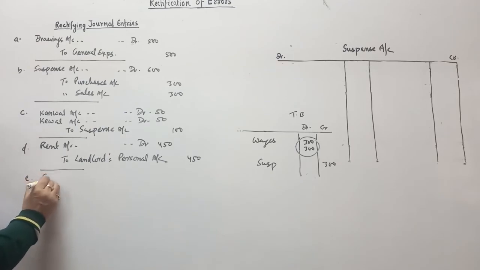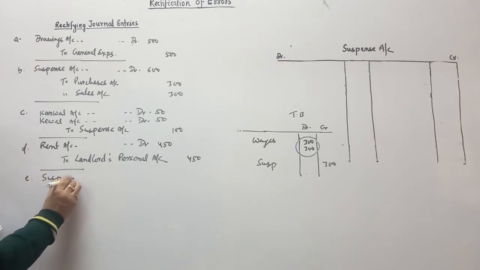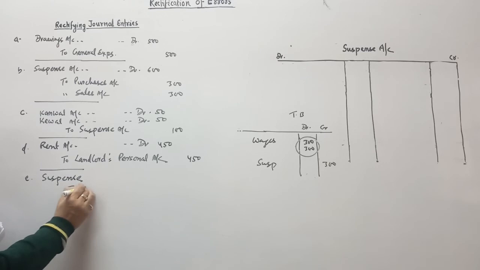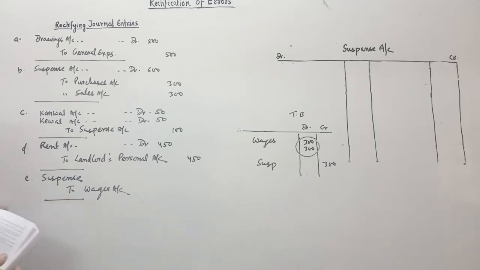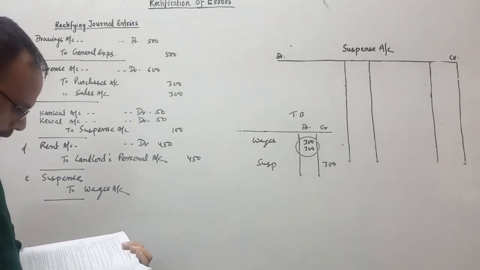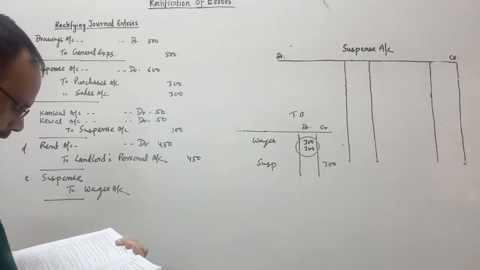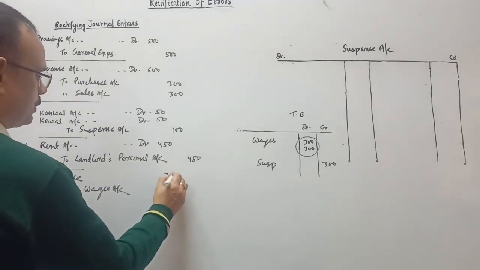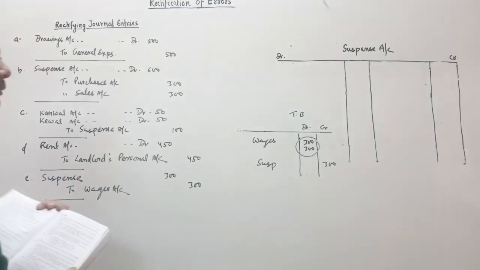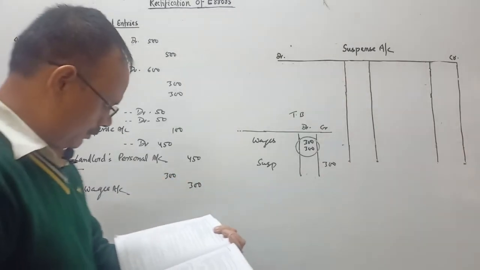We have to debit the suspense account and credit the wages account, because we have posted two times in the ledger. So suspense account debit to wages account.